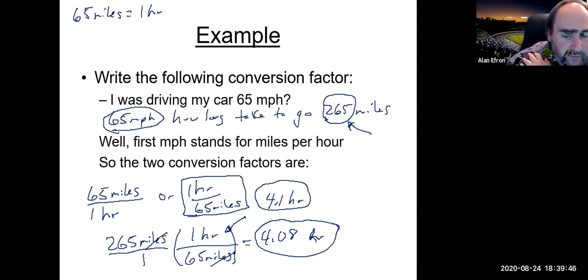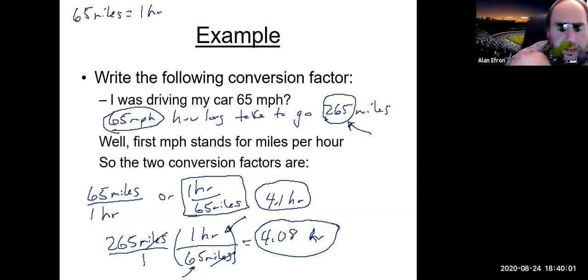So since this is not really a legitimate sort of conversion, like 1 inch is 2.54 centimeters, we probably would look at the 65 and use the two significant figures as the proper number for our answer.